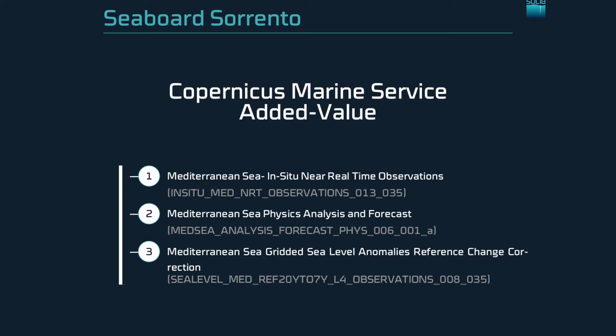And we also use satellite altimetry, the gridded product, to get the mean geostrophic currents, which were also useful. All in all, this provides an overview of the situation based on scientific evidence. So how do we get there? How are we able to show all this data at the same time?